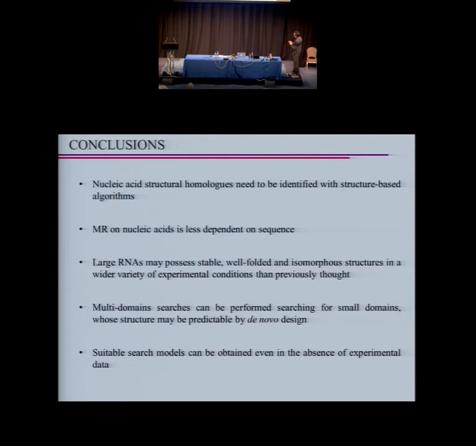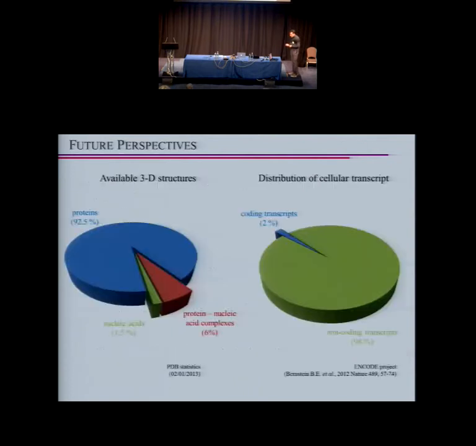Again, to a broader extent, homology models and idealized fragments can also constitute examples of search models obtained in the absence of experimental data. So, starting from this consideration, I hope I convinced you and encouraged you to undertake broader studies on large RNAs.